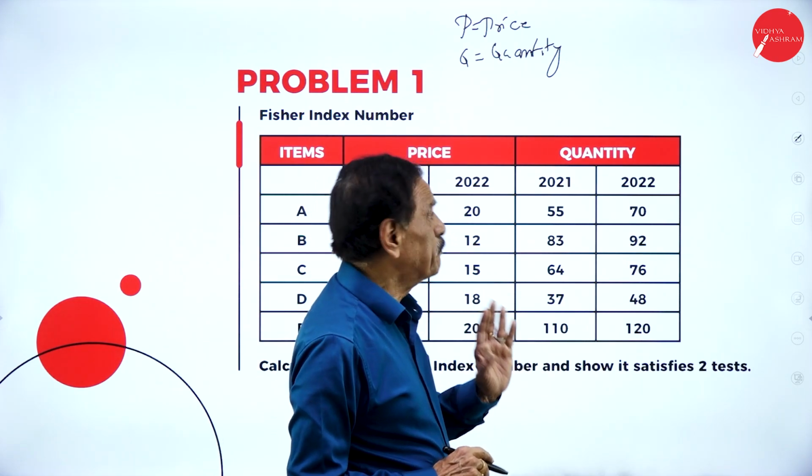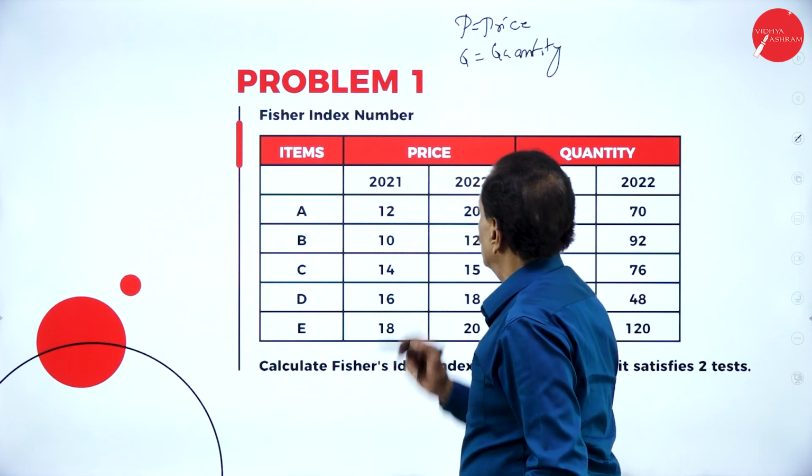You have to learn that point. So P is the price, Q is the quantity.